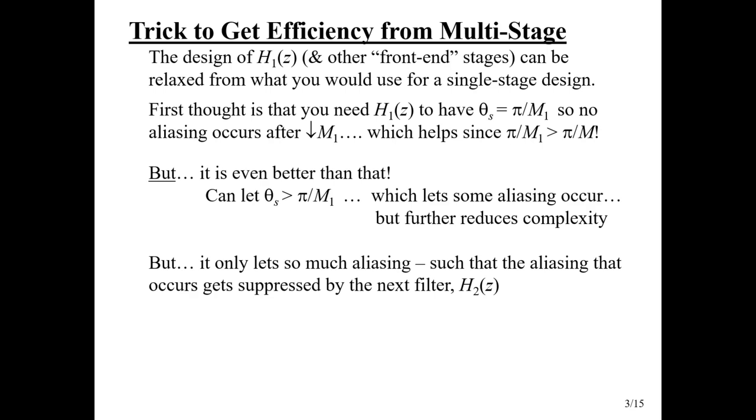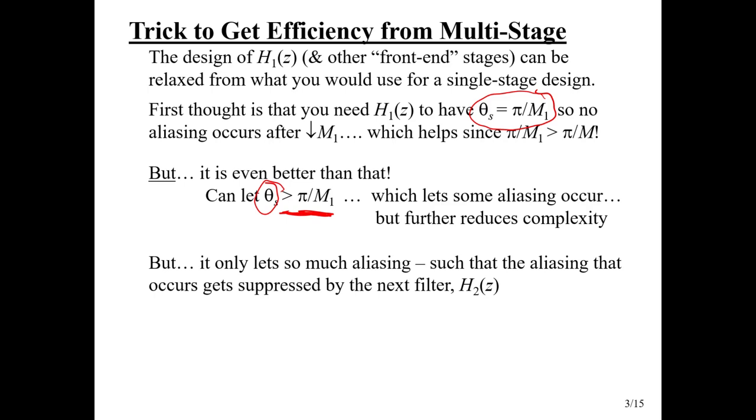But it's even better than that. We can actually get more aggressive in our design than one might think. So what we can do is, instead of saying this, which is the obvious choice, we can actually let theta S be a little bit bigger than that.